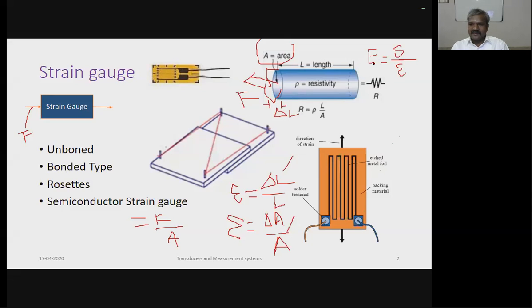The modulus of elasticity is simply called Young's modulus. Either way you can call it Young's modulus or modulus of elasticity. So what is Young's modulus? Young's modulus is nothing but stress by strain within the elastic limit. That is important: this ratio is applicable only within the elastic limit.